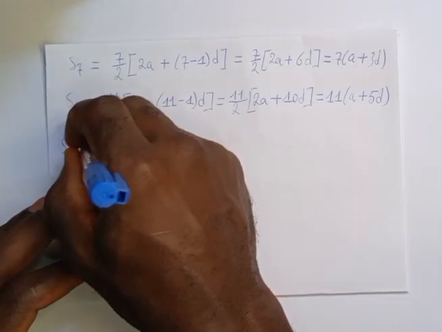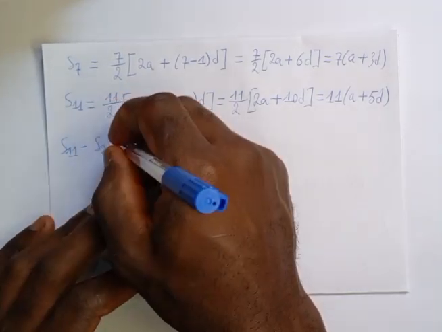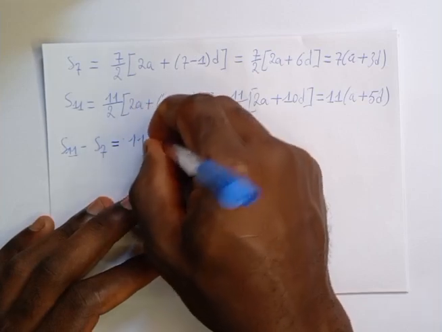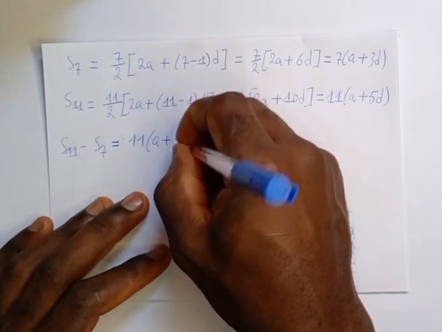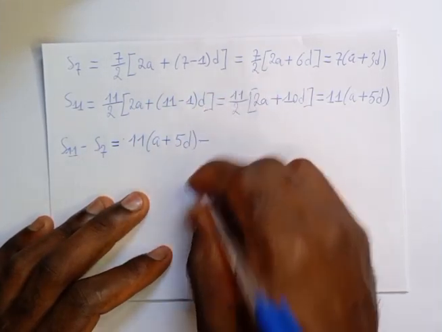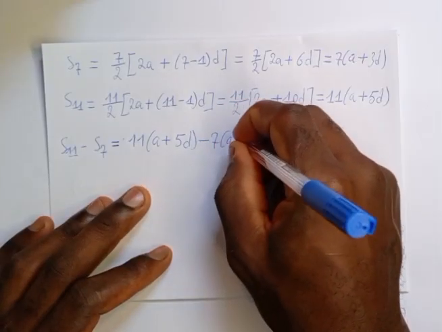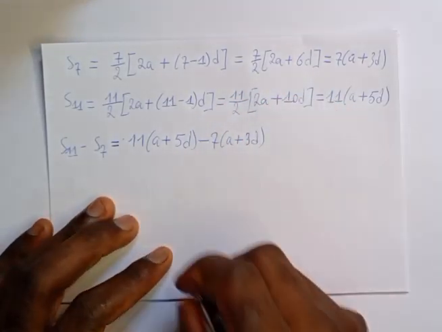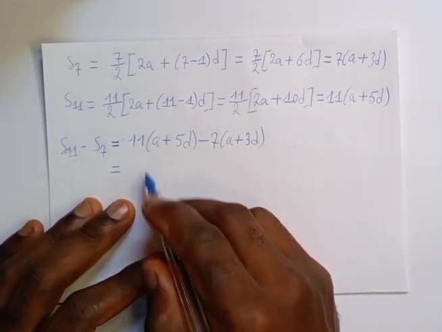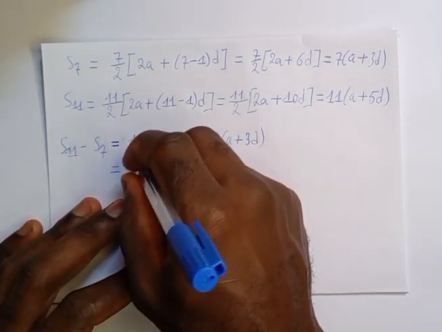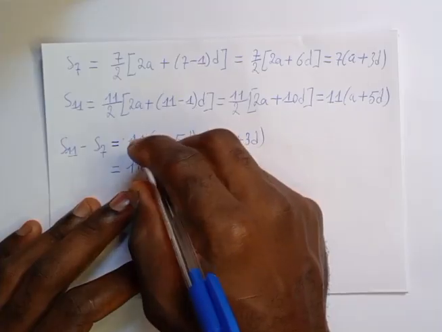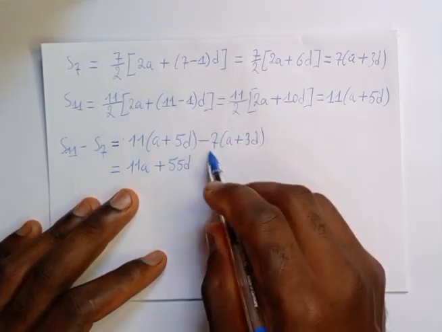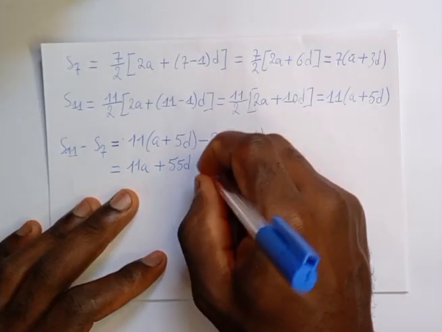S11 minus S7 will simply be equal to 11 times a plus 5d minus 7 times a plus 3d. This will simply be equal to 11 times a gives us 11a plus 11 times 5d gives us 55d. Negative 7 times a gives us negative 7a.